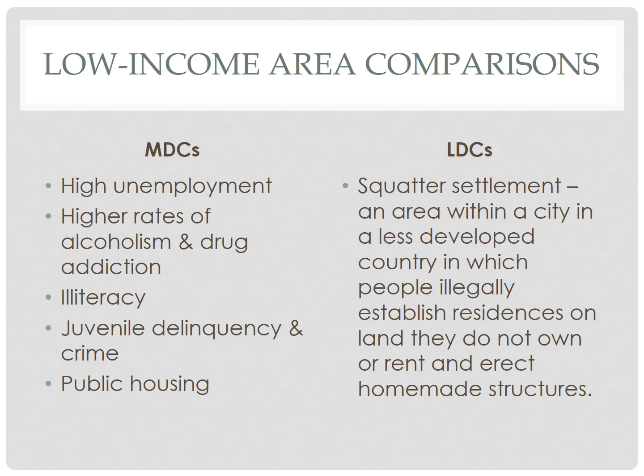To start us out, just comparing low-income areas between MDCs and LDCs, looking at some of the characteristics that we see in these areas. Now in LDCs, the defining characteristic is that the lowest income areas we're going to classify as squatter settlements.